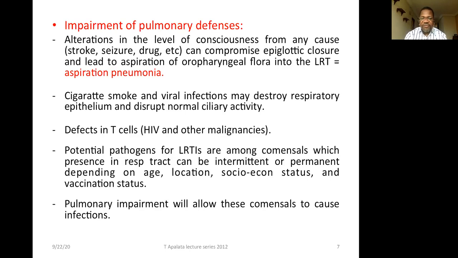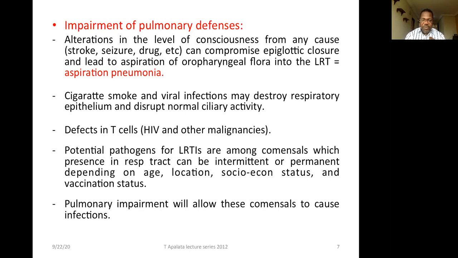Potential pathogens for lower respiratory tract infection are among the commensals, whose presence in the respiratory tract can be intermittent or permanent, depending on the age, location, socioeconomic status, and vaccination status.